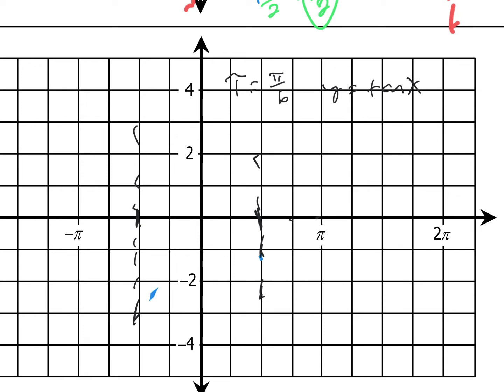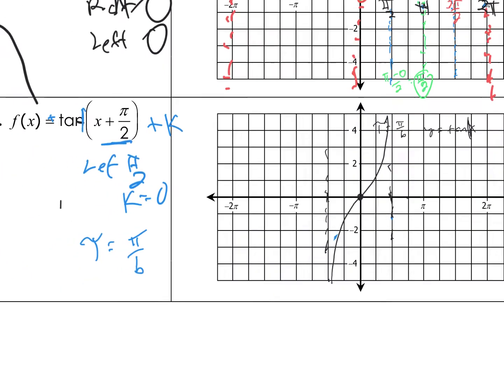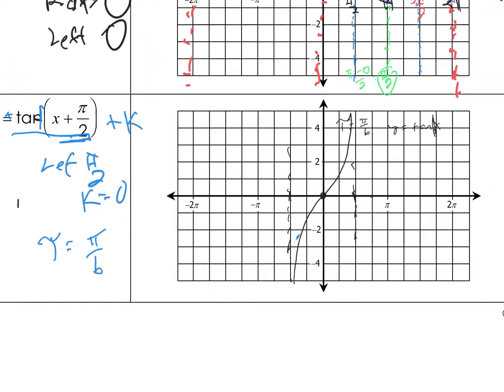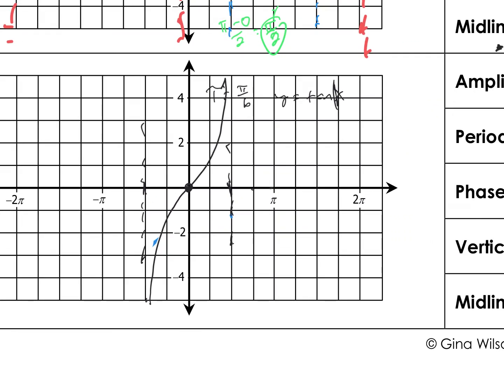There's no b. It's a 1. So we had this graph that had a dot here at 0, 0, went up from the bottom like this. That's my parent. Now the new problem here, we need to shift to the left pi over 2. So it's going to be exactly the same picture, except this dot has to go left pi over 2, which is here.